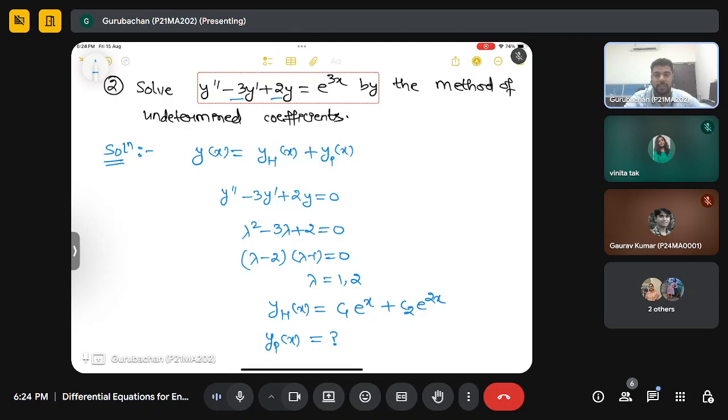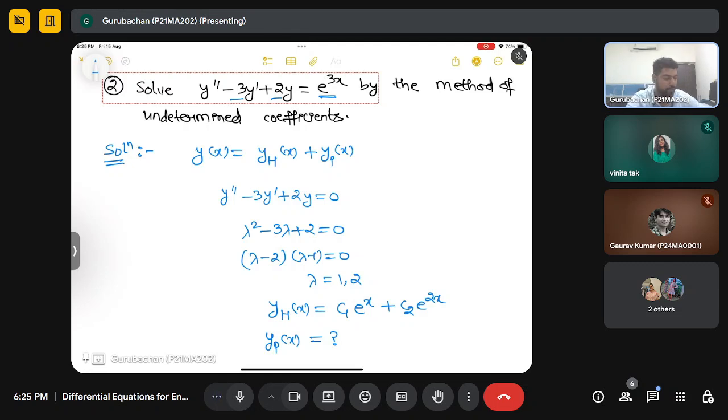Now the next question is what approach can be used. We use the annihilator method. Here on the right-hand side we have a simple function, e to the power 3x. So we have to think about which differential operator will annihilate e to the power 3x.